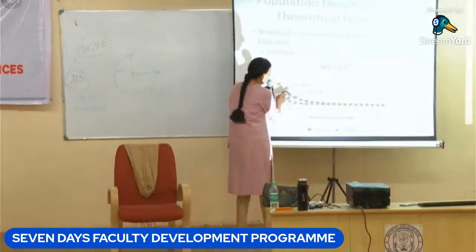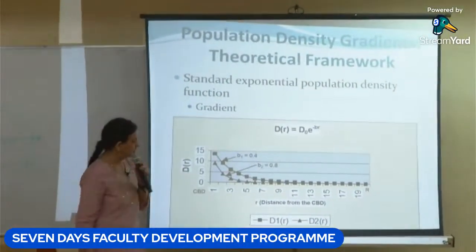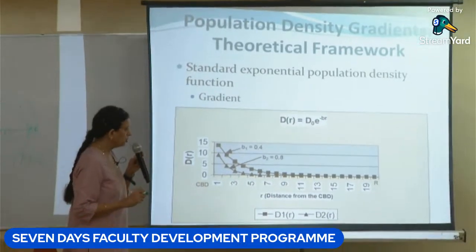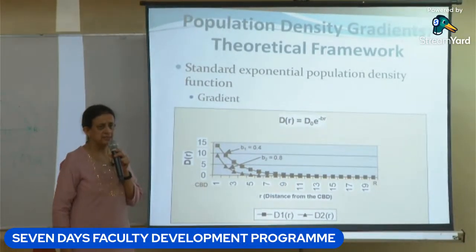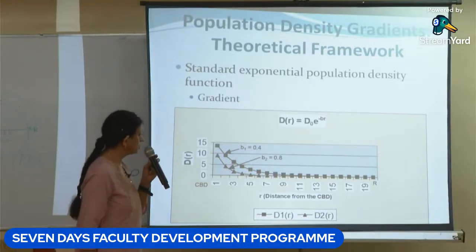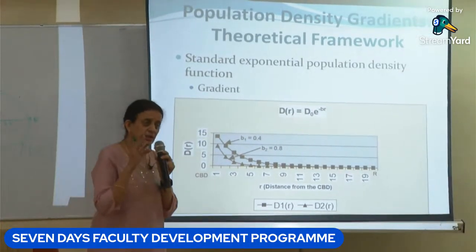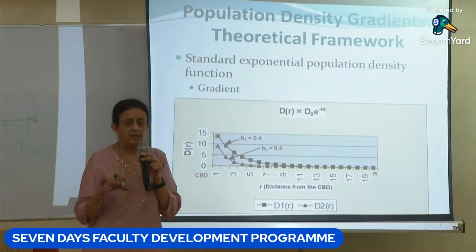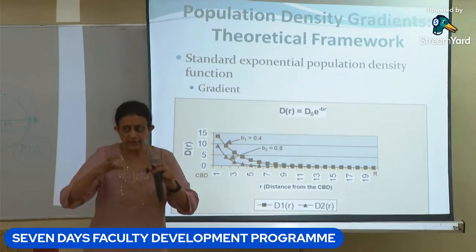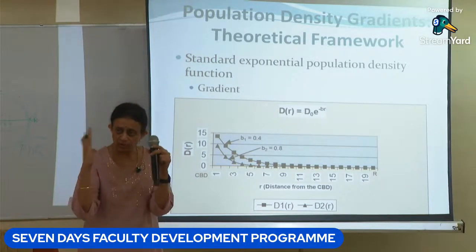Now B1 is 0.4, that is the PDG of city 1, and B2 is 0.8. So, which city is more suburbanized? 1 or 2? Correct. Any city that has a lower value of the density gradient is more suburbanized, is flatter, right? Los Angeles is flat, whereas Bangalore is more compact.